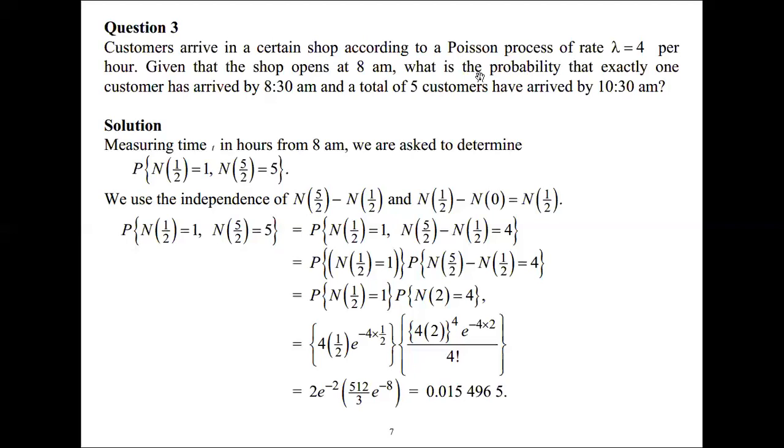Look at the question again. It says, what is the probability that exactly one customer has arrived by 8:30 a.m., and a total of 5 customers have arrived by 10:30 a.m.? From 8 a.m. to 10:30 a.m. is 2 hours 30 minutes, that's 2.5 hours.